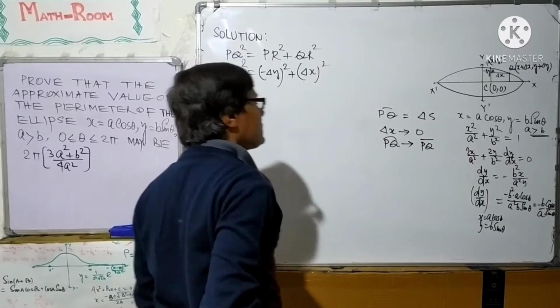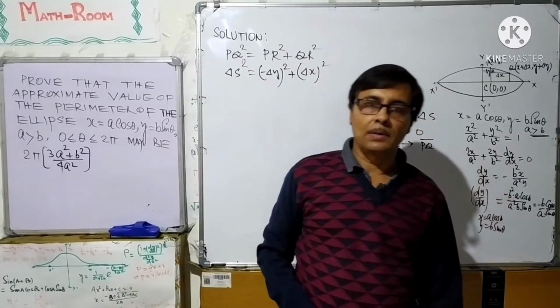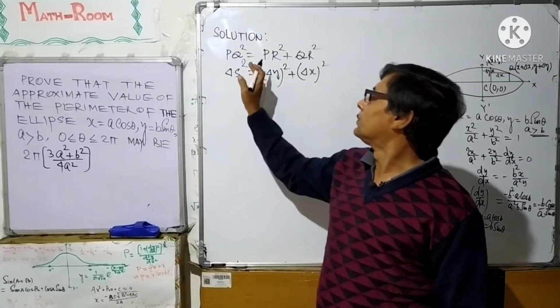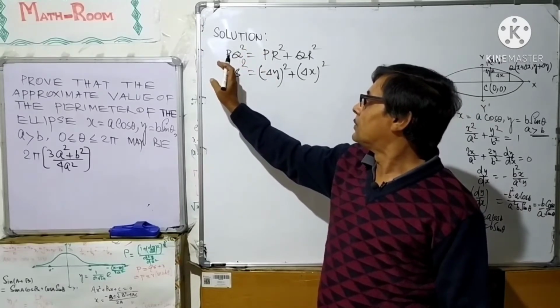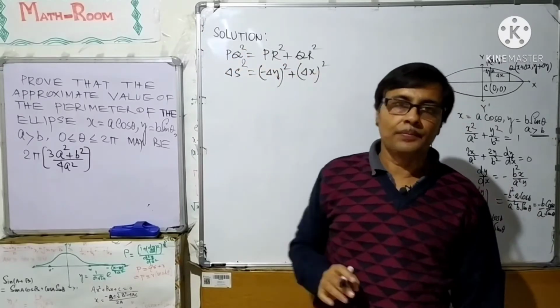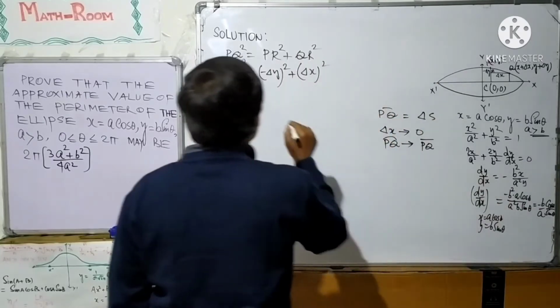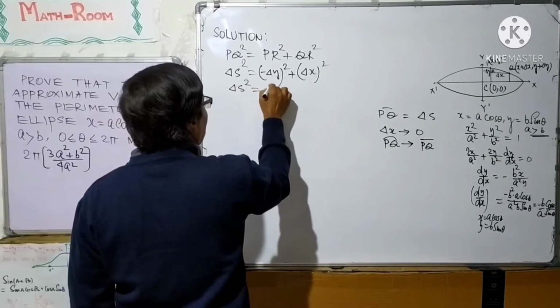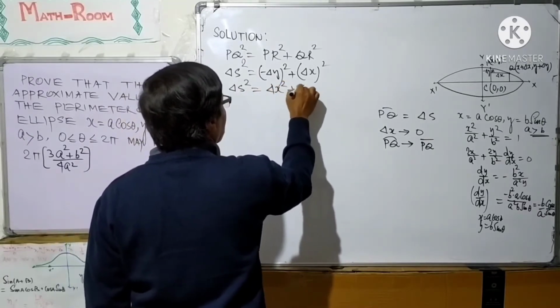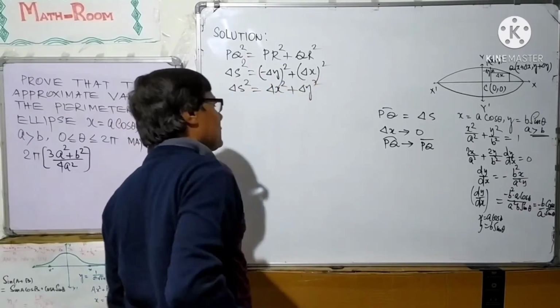This is the property of the right angle triangle. So del s square equal to del x square plus del y square.